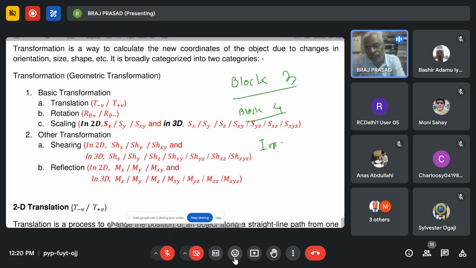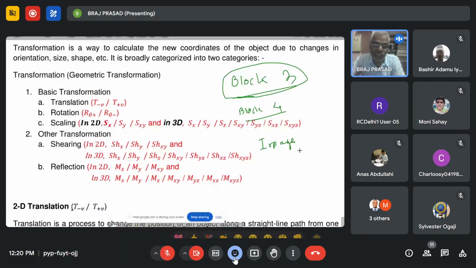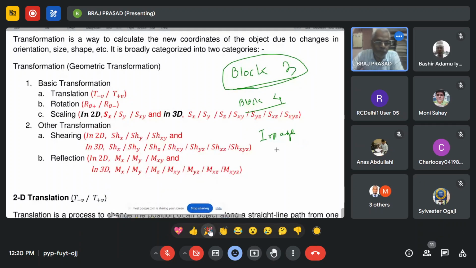To understand this image processing concept, we need the concept of all transformations, and that is discussed in our block 3. That's why I have started from this block 3. After discussing all these transformations, then we will switch over to block 1 and block 2, where we will study about the image processing.